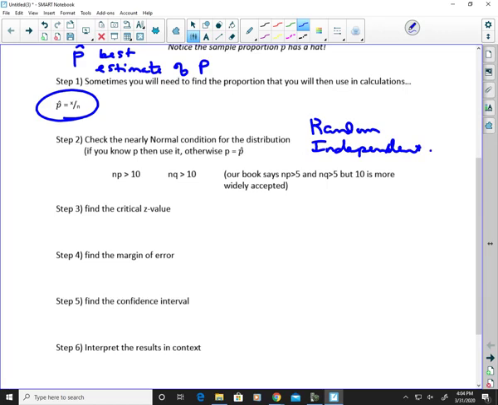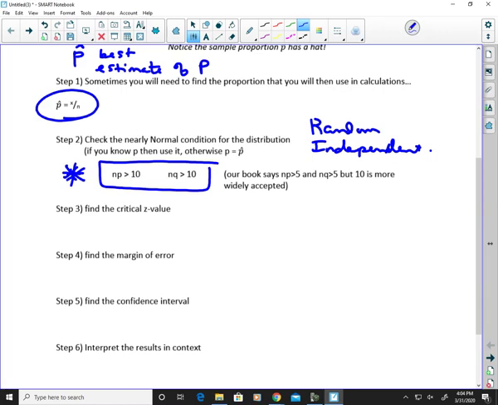But this nearly normal condition is very important to this type of problem to know if we have enough to really fit a population to the probability distribution that we think is true. So it is going to be very important that you do this check on your paper to establish that this problem really can use this process.